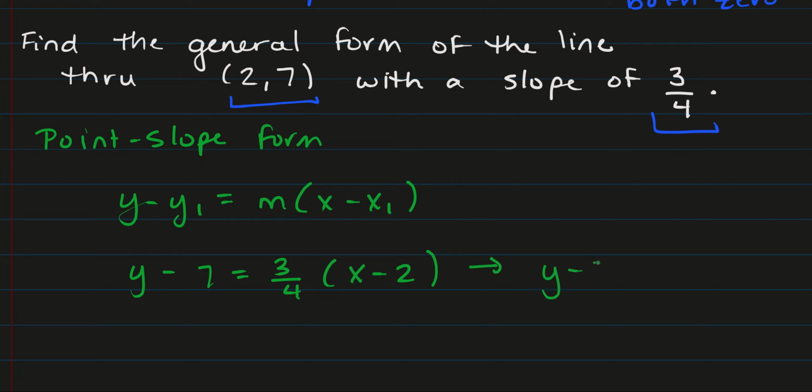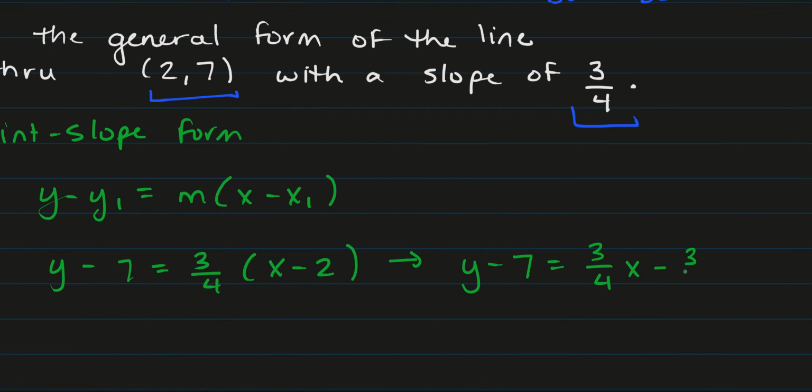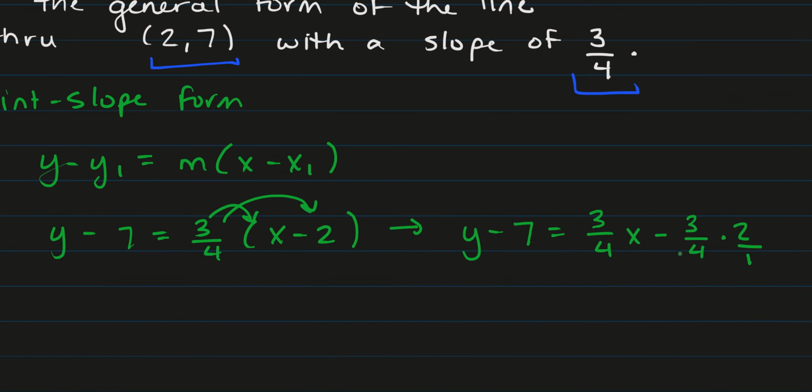I'm going to distribute this 3/4. And remember, 2 is the same thing as 2 over 1, and this 2 goes into 4, so we have y minus 7 is 3/4 x minus 3 over 2.